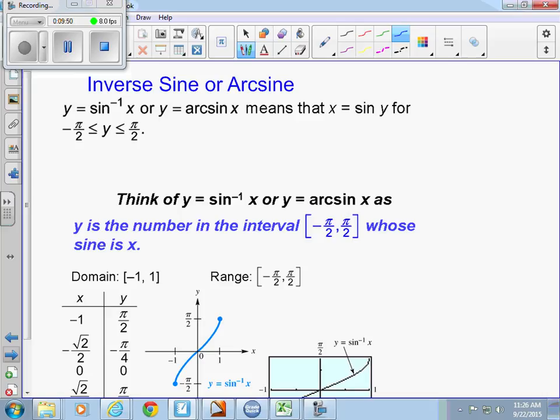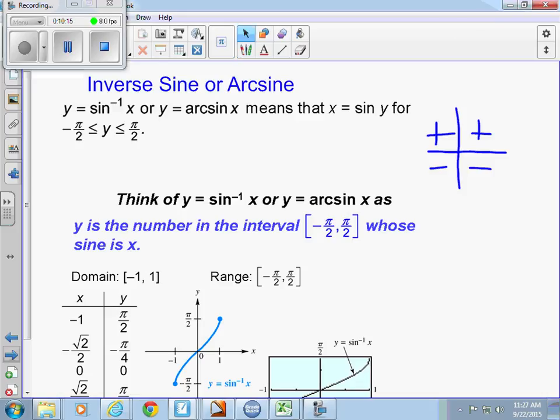Well, I know that sine is positive up and negative down, right? So I need a section that's positive and a section that's negative. What's the easiest place to get both of those sections all in one piece? To get a positive and a negative, side by side. Wouldn't that be right here?